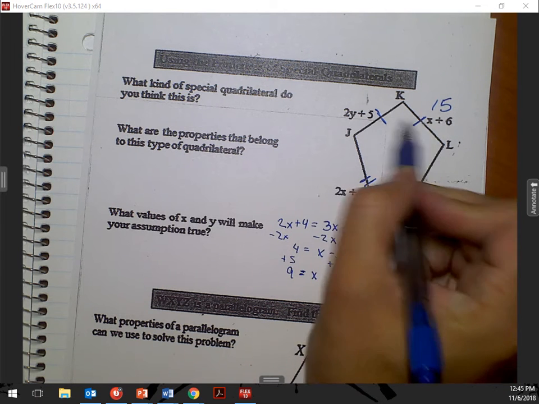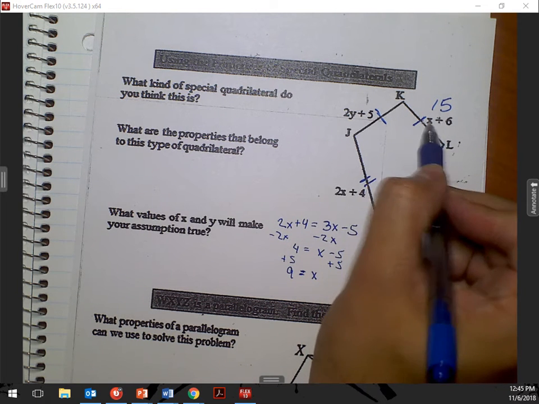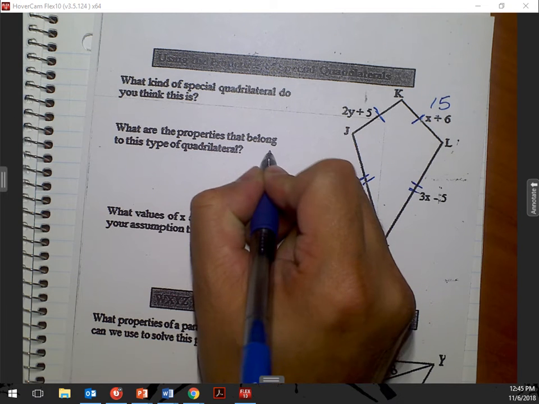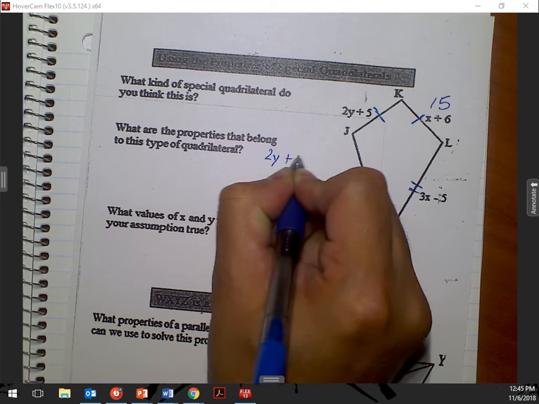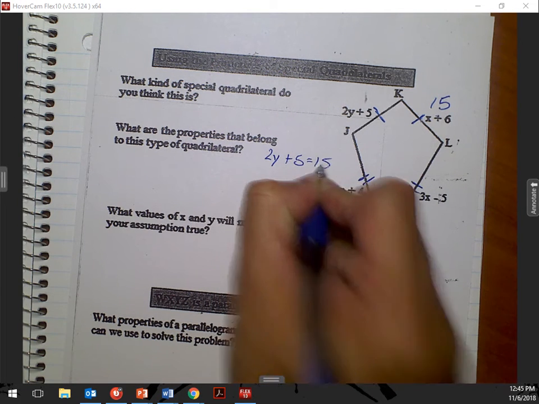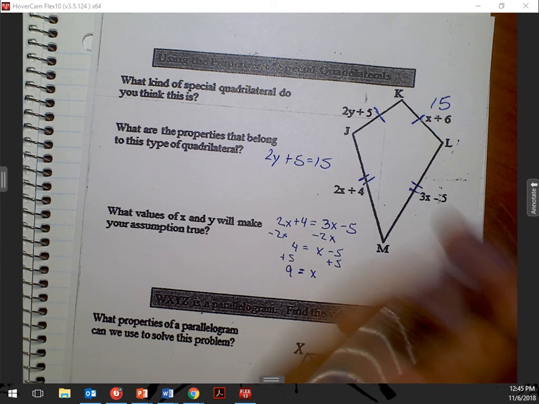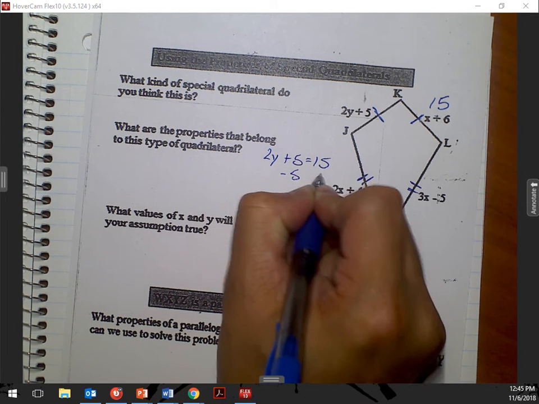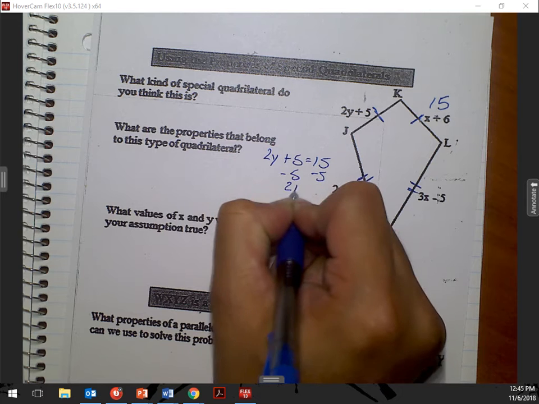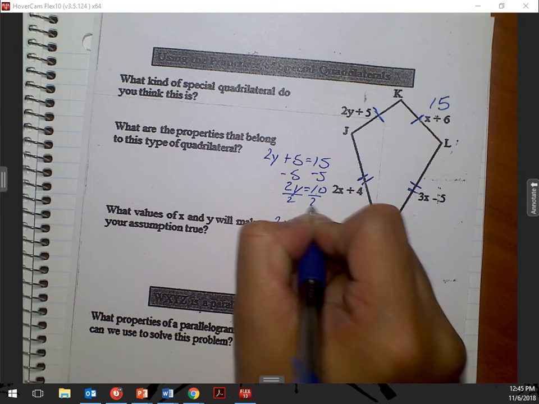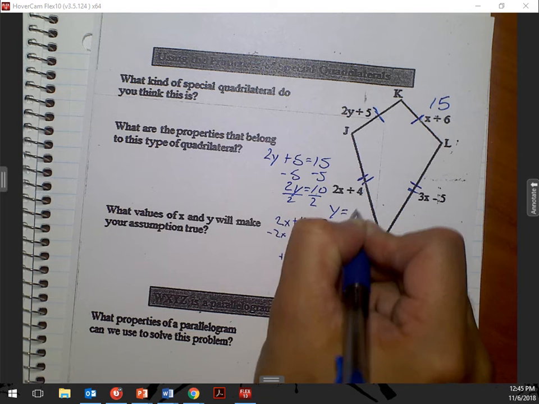I know these two are congruent, and so now since I got rid of my x, I only have y's, I can solve for it. So I'm going to say 2y plus 5 equals 15. What am I going to do from here? Subtract 5, very good. 2y is 10. Divide by 2. y is 5.